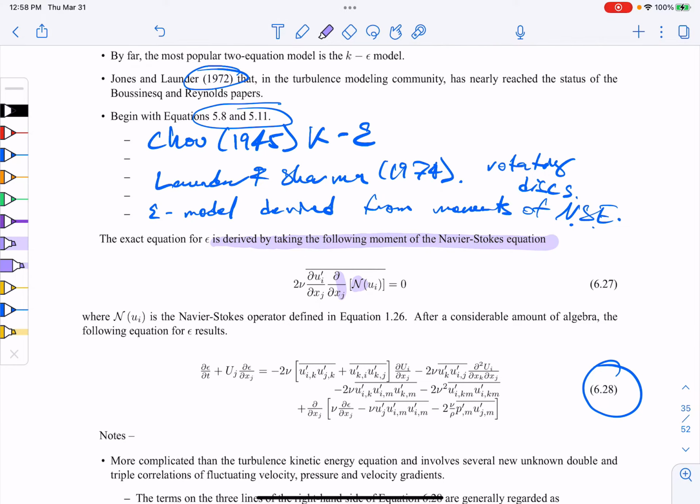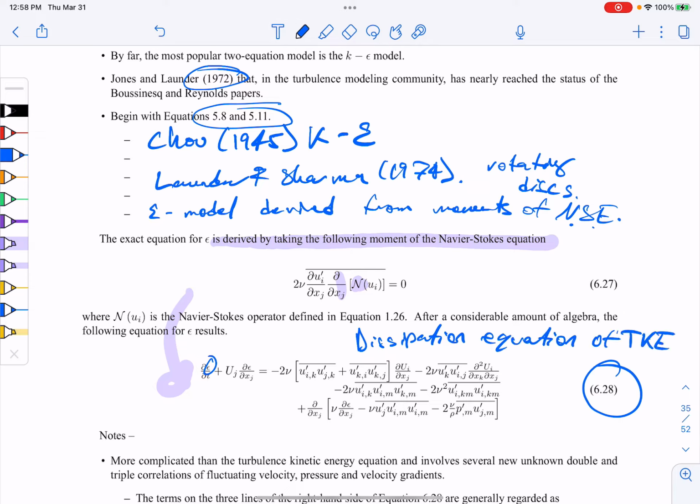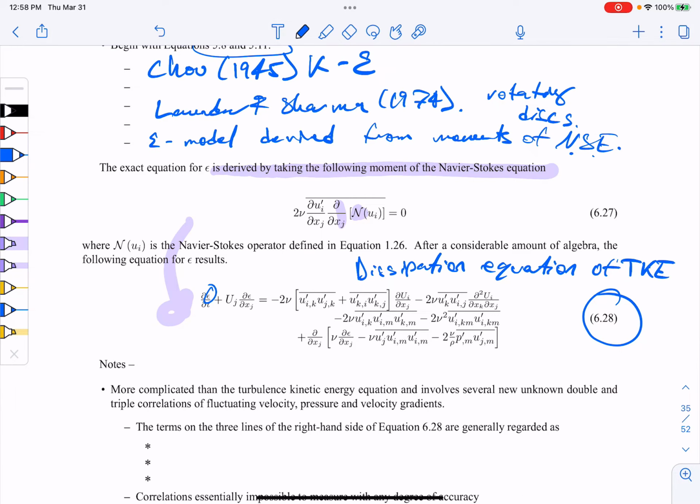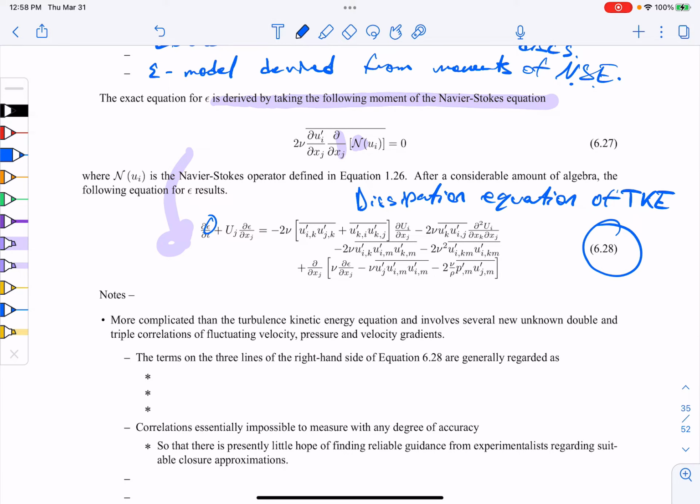And through the steps, which we talked about previously, you get this equation. And you can see it's an equation for dissipation of turbulent kinetic energy. And that's all it is. And there's tons of terms in it. And the major terms in 6.28 are production and dissipation.